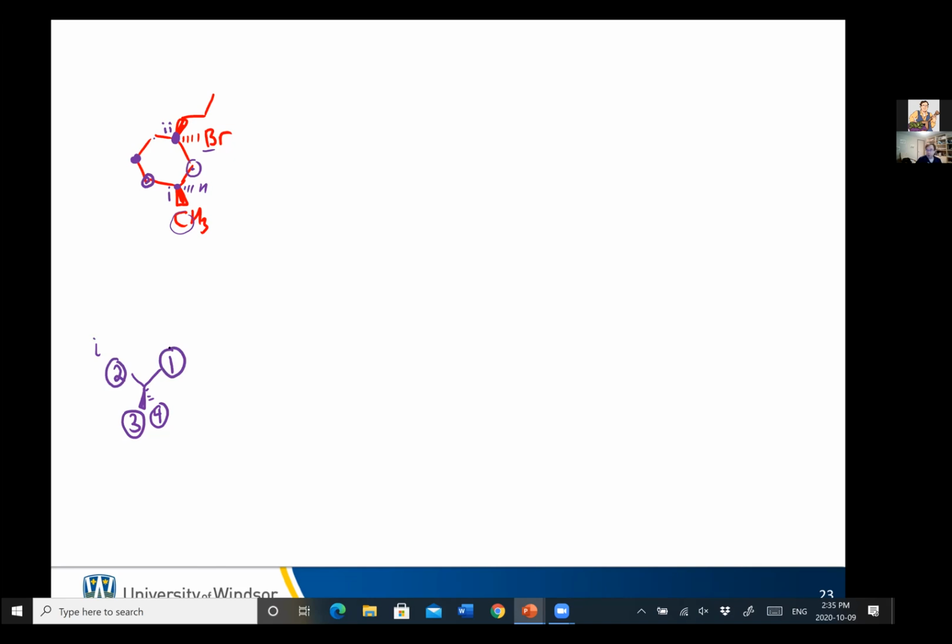So those are my priorities. I can then quickly look at where I've got my 4 already pointing back and away from me, so I'm good. I've got the smallest group pointing back, so I now have all the priorities and the things in the right orientation. So I draw my arrow, and I look at a clock, and I realize that that is counterclockwise, so that is S.